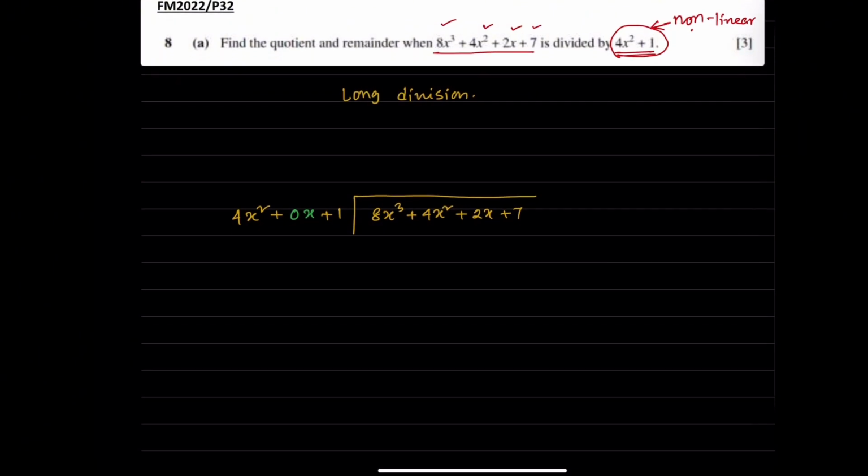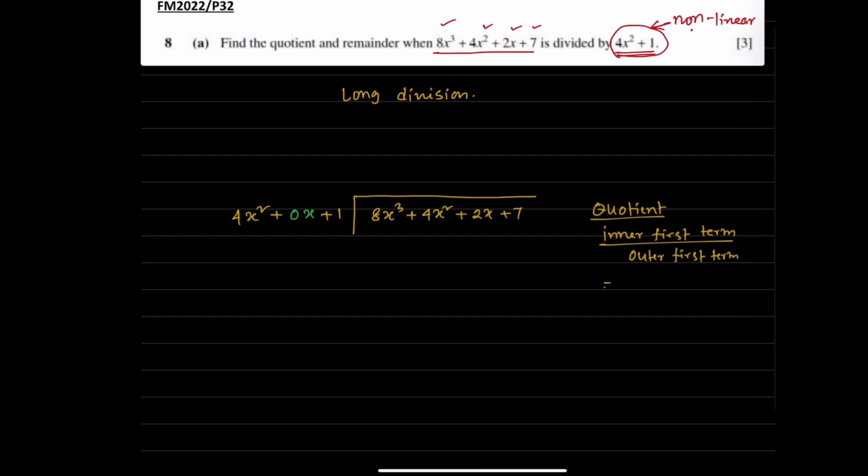So, how to solve this one? As I said, how to find the quotient? Our quotient is the inner first term divided by the outer first term.